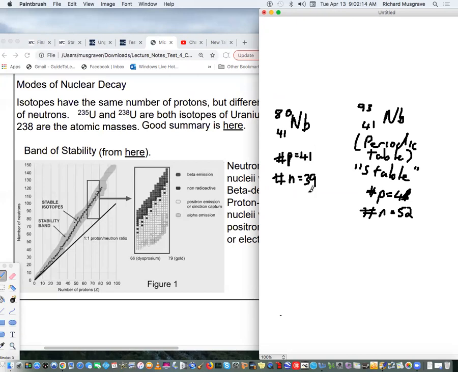So how do I know this is going to be proton rich? Well, it's a little bit more complicated than the previous one. But what I want you to see is that if something is neutron deficient, then really it's also proton rich. In other words, it's got too many protons for its own good because it has fewer neutrons than it actually needs.